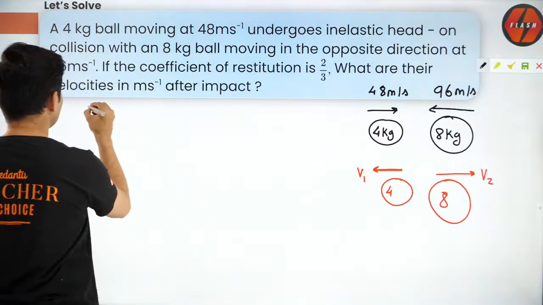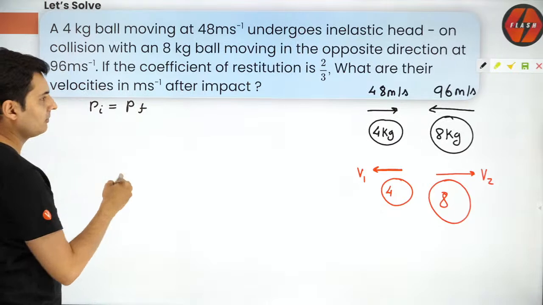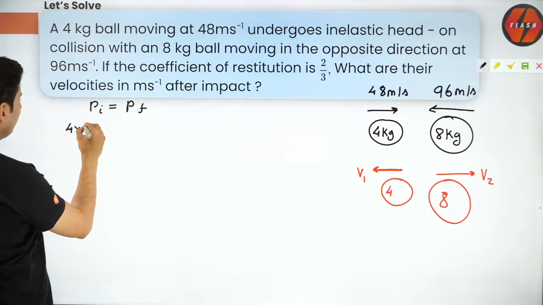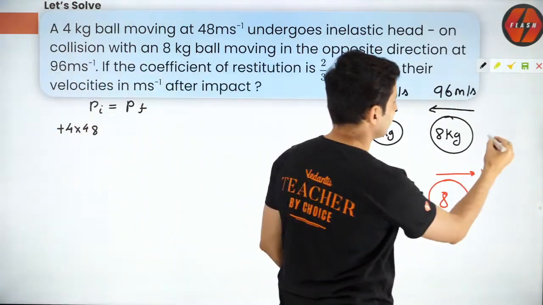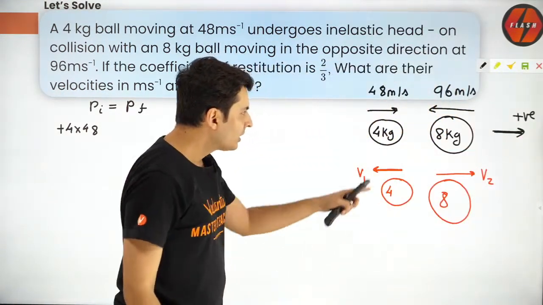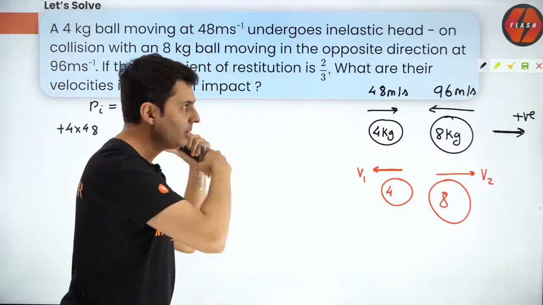Okay, what is the momentum equation? Initial momentum is equal to final momentum. What is the initial momentum? Mass into velocity, positive, because it's moving towards the right side. So I'm taking right side as positive. The 8 kg will have negative momentum. It's coming this side, right? So keep that in mind.